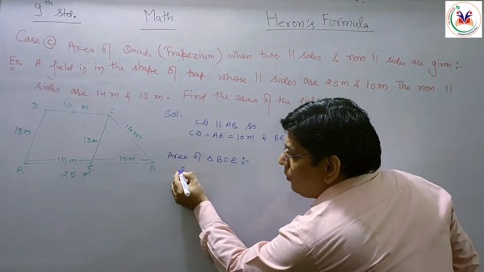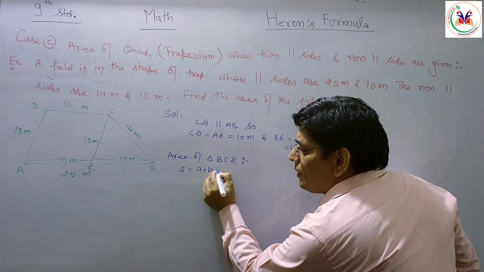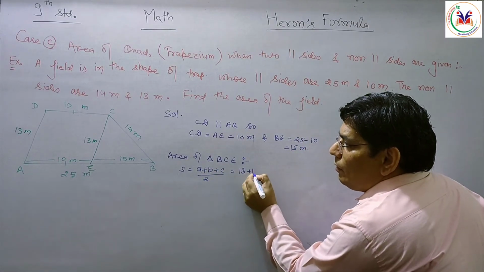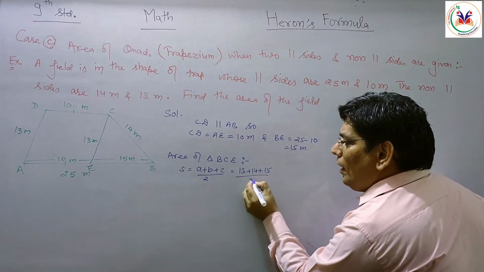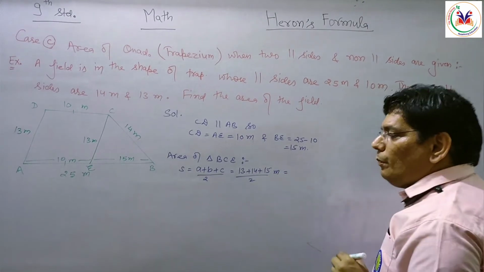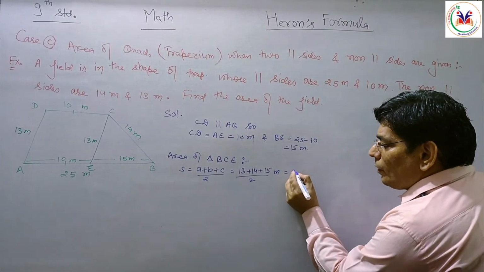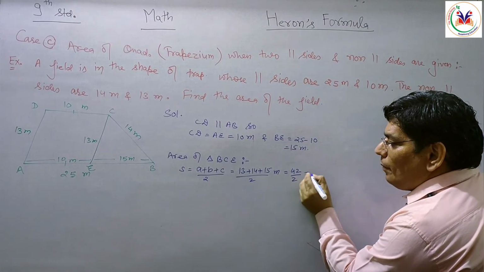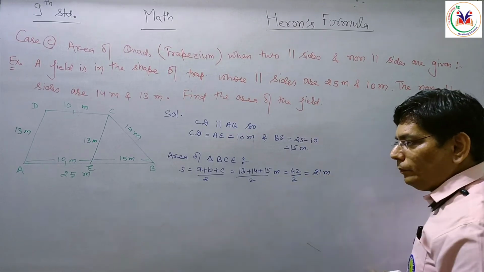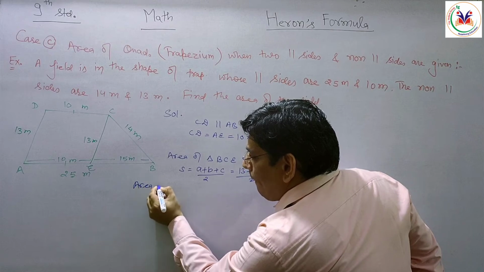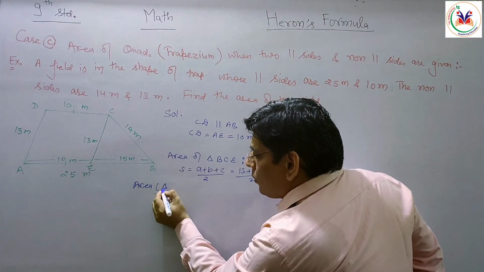Using Heron's formula, S equals (a plus b plus c) divided by 2. So in that situation, you have 13, 14, 15 divided by 2. So 13 plus 14 is 27, plus 15 is 42. Sorry, 42 divided by 2, 21 meter. Now area, or delta, you can also say.